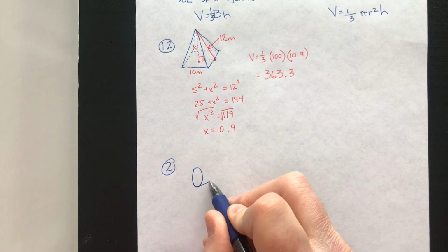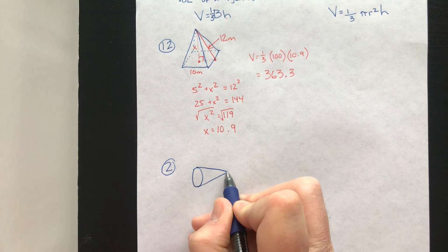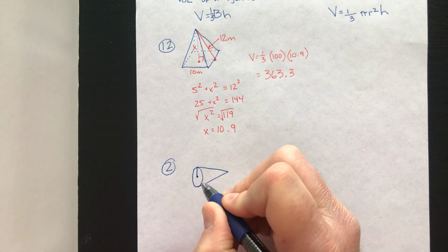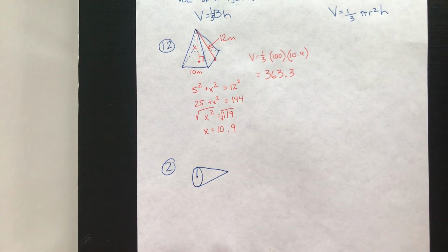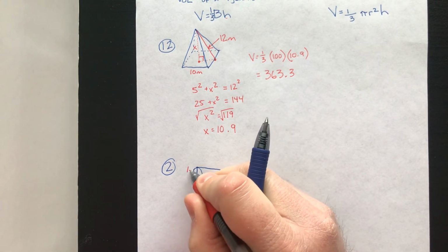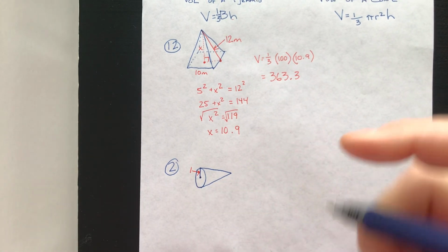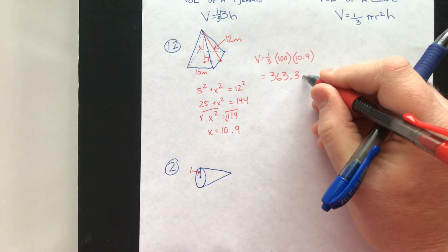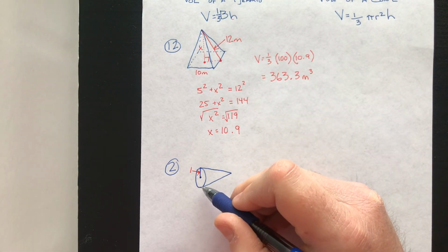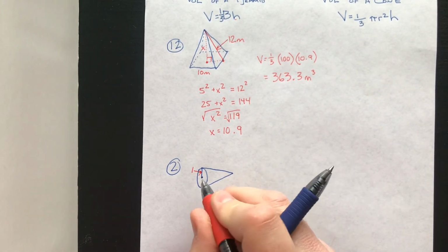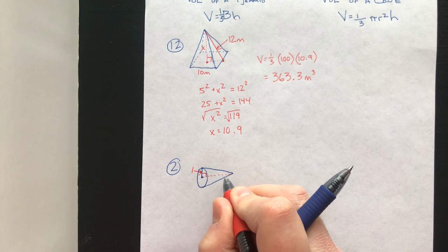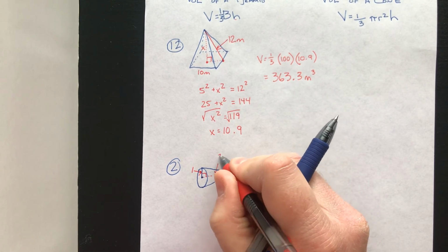And they tell us that the radius is 1. Oh, and up here I wanted to say that this is meters cubed. All right, so this is 1 centimeter, and they actually give us, remember, that is the height. That dotted line is the height, and they tell us that that is 3 centimeters.